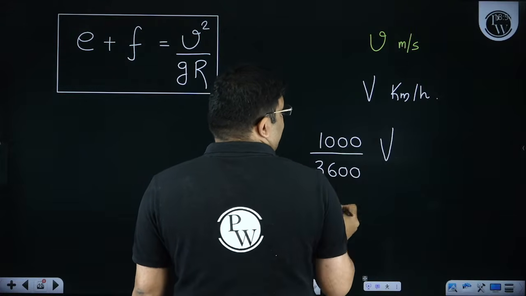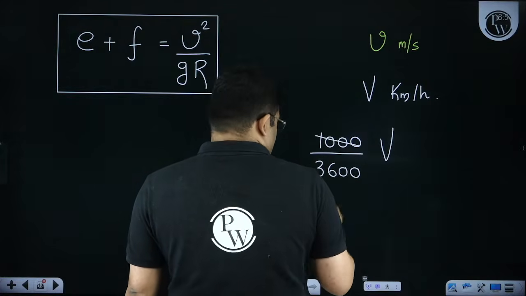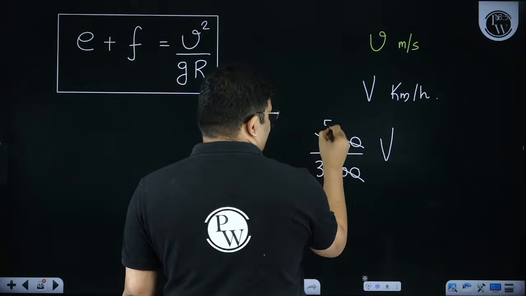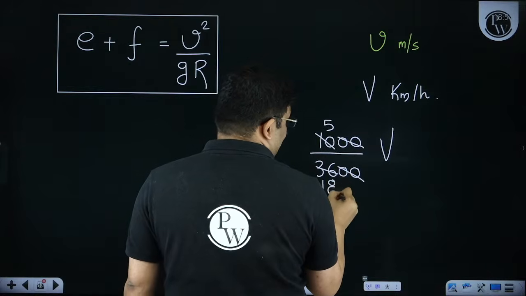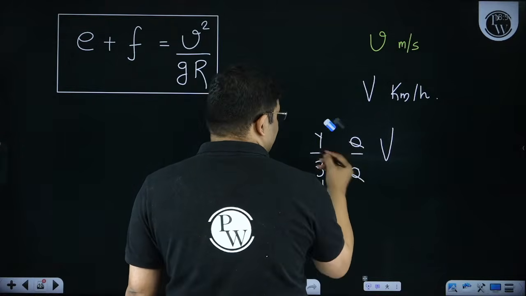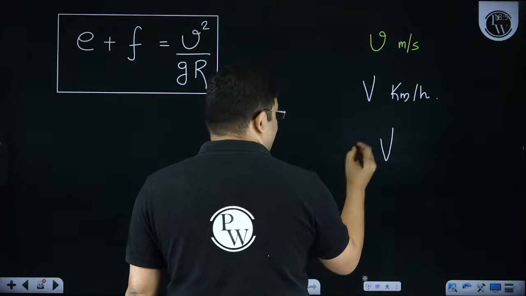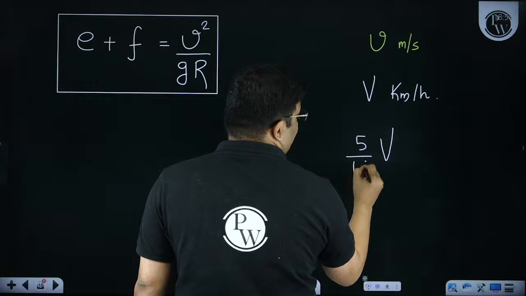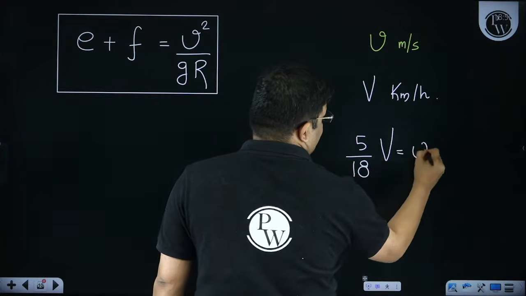Cancelling the zero and dividing by 2, from 5 this becomes 18. So when I multiply 5 by 18 with the speed in kilometer per hour, I get the speed in meter per second.